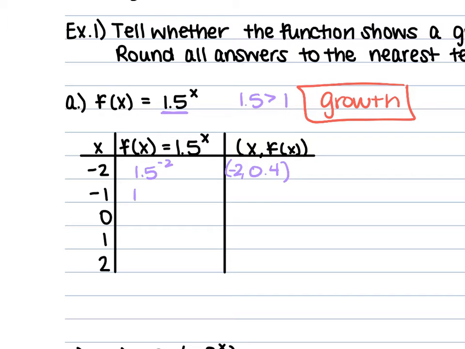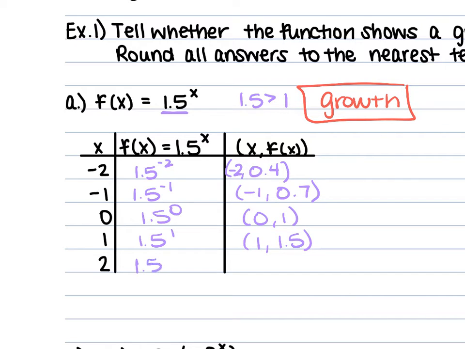For negative 1, 1.5 to the power of negative 1 gives us 0.6 repeating, so that's going to be negative 1, comma 0.7. For 0, any number raised to the power of 0 is 1, so that's going to be 0, 1. 1.5 to the power of 1 is 1.5, so that's 1, 1.5. And then for 2, we're going to have 1.5 to the second power, which is 2.25, so that's going to round to 2.3. So 2, comma 2.3.